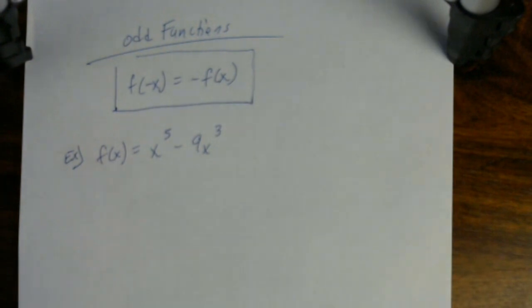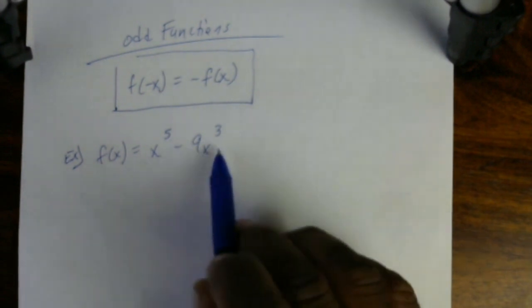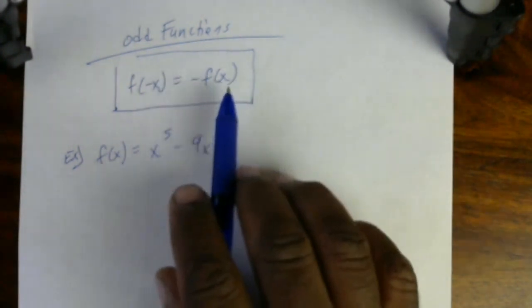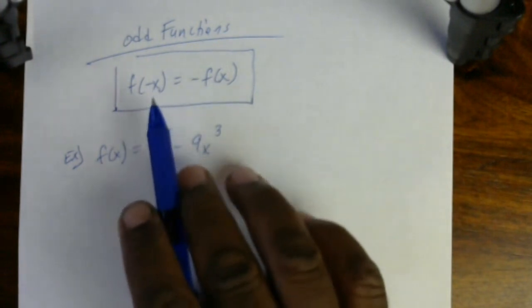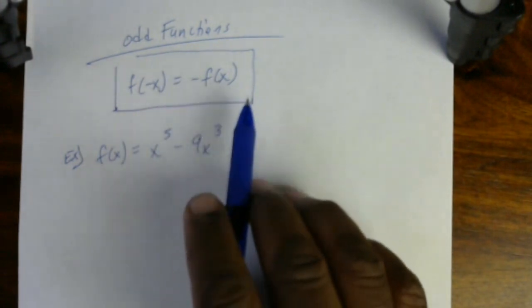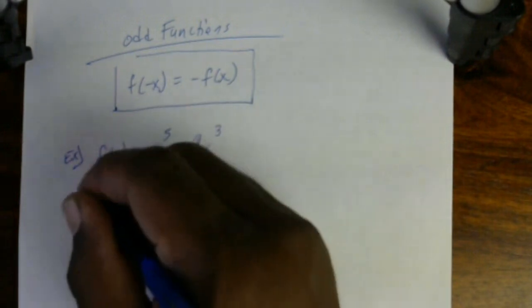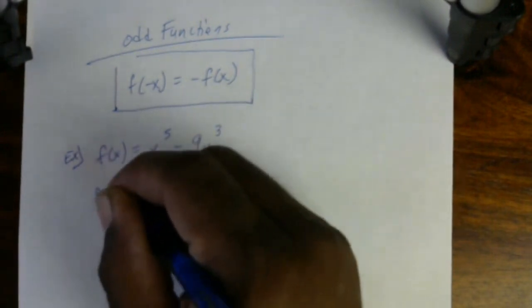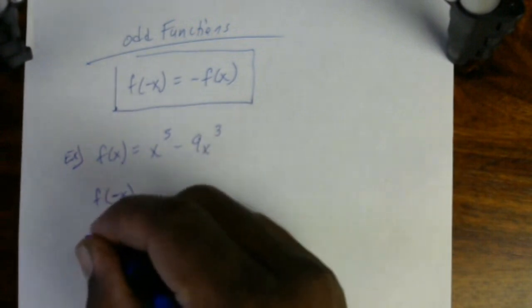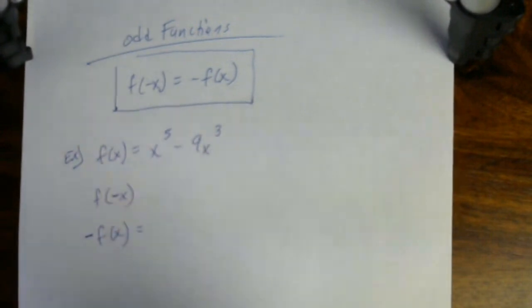Now we already know that it's an odd function because all of the powers are odd. Here I'm just going to verify that by running it through this formula. So this formula says that f of negative x is equal to negative f of x. Well, I need to find f of negative x, and I also need to find negative f of x.